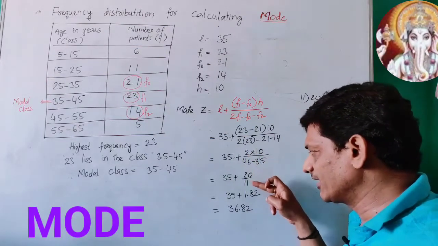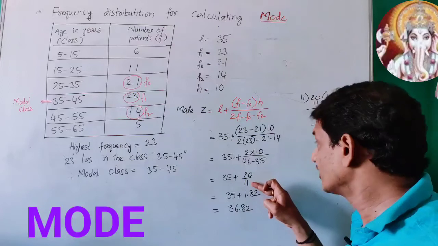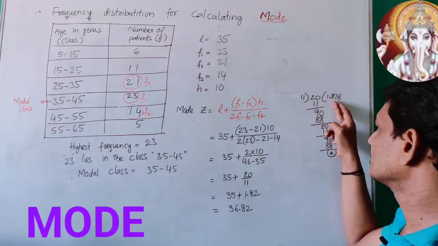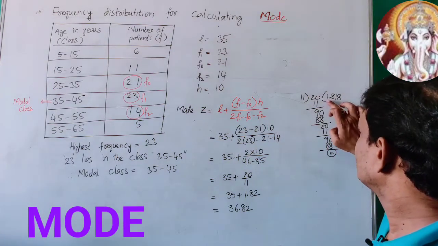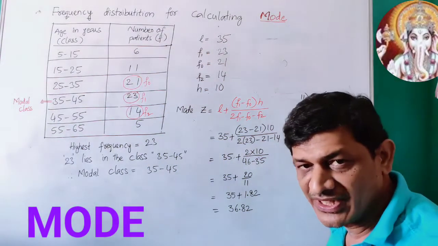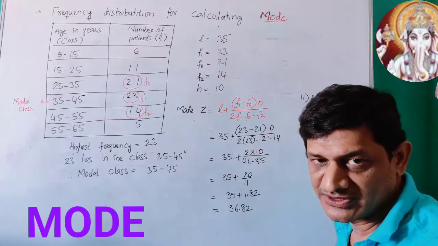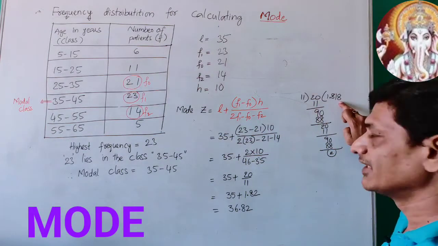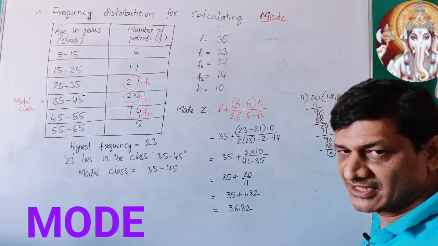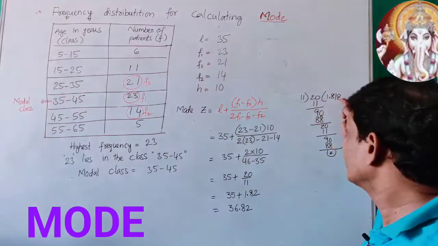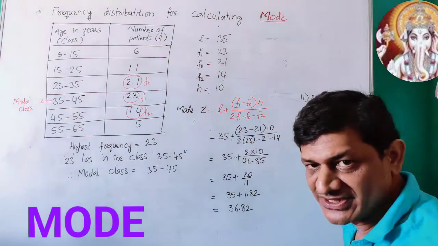Now 20 by 11. You have to divide 20 by 11 up to 3 decimal places and find the quotient. After finding it up to 3 decimal places, you have to correct it to 2 decimal places. Pick the last digit here. This is more than 5. If the last digit is 5 or more than 5, then add 1 to its preceding number.